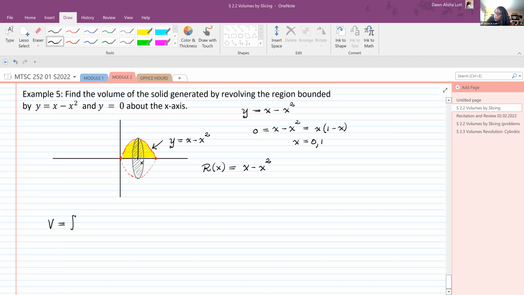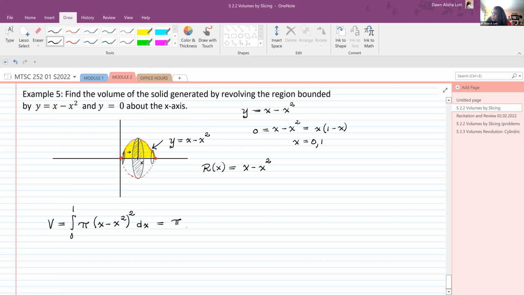We already know that this disk could start way over here, where x is 0, and then it moves all the way through to x is 1. I know it's pi times the radius squared, which is x minus x squared, dx.